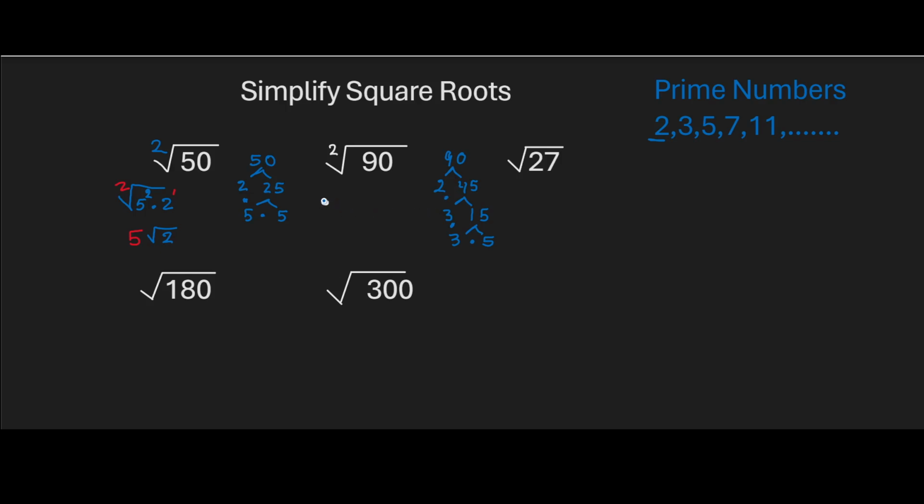Now, I'm going to rewrite all these numbers. And can you see, by the way, that I have 3 to the second power? So that's what I wanted to have. 3 to the second power times 2 times 5.